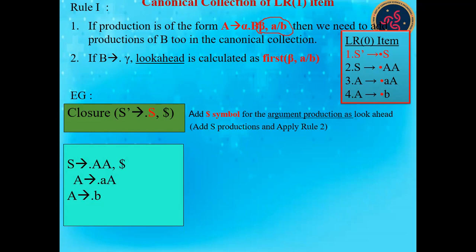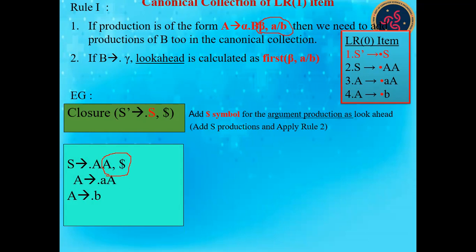Now I need to find the look ahead for these productions. I have to take the symbols coming after that particular A. So I need to find the first of A comma dollar symbol. What is first of A comma dollar symbol?